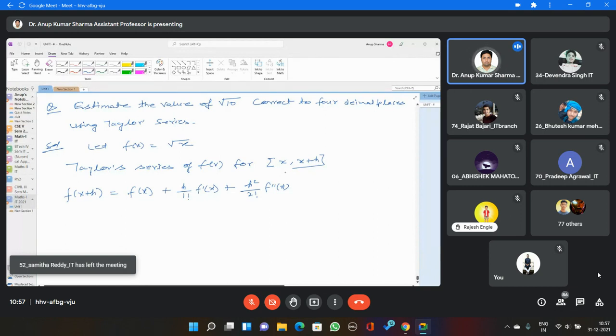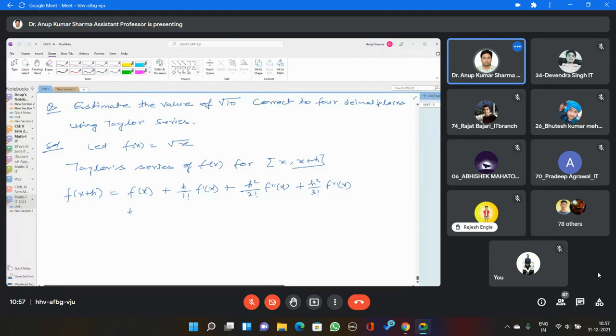If you are getting five decimal places, just round up and write the approximation. Okay, we can do up to 3 or 4, but we do here up to 3: plus h cube upon factorial 3 f triple dash of x.